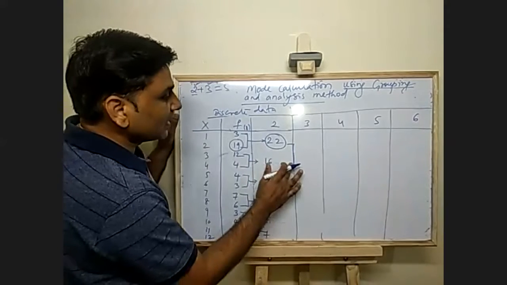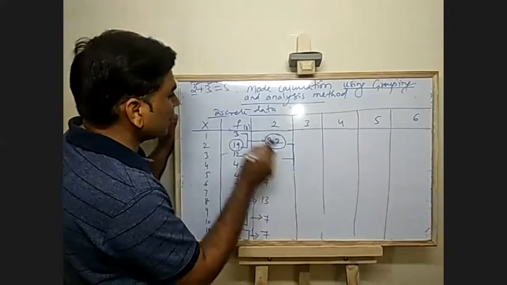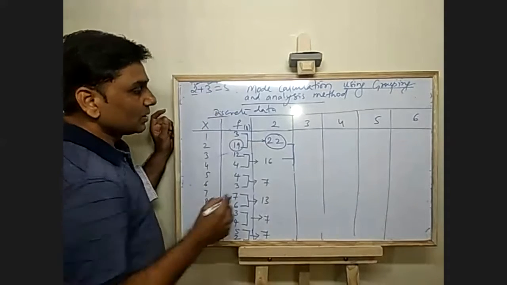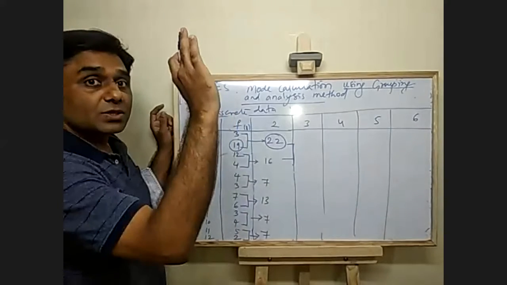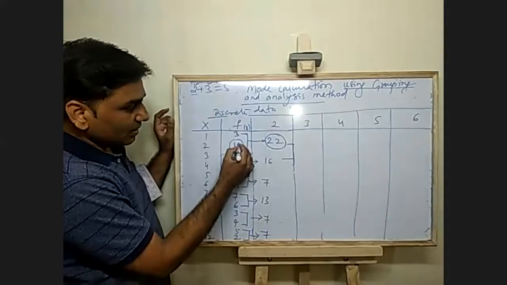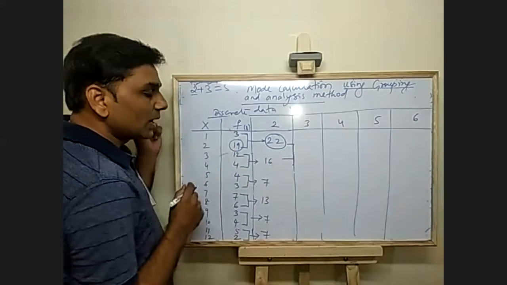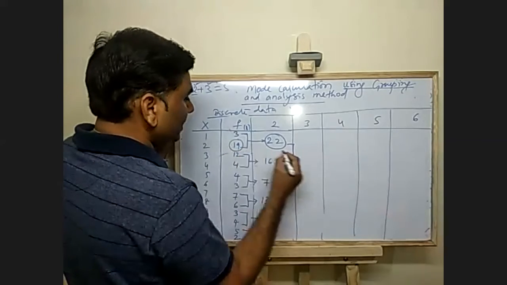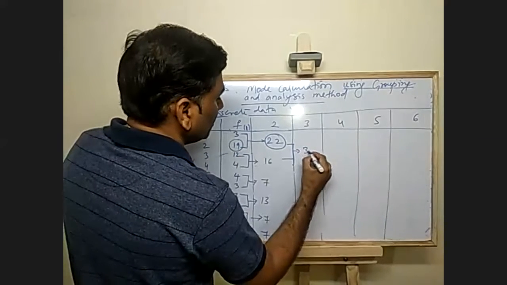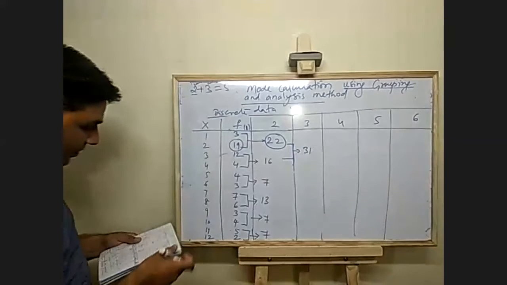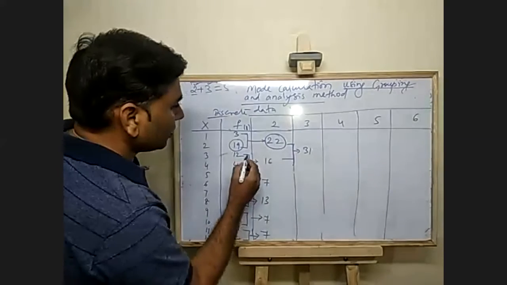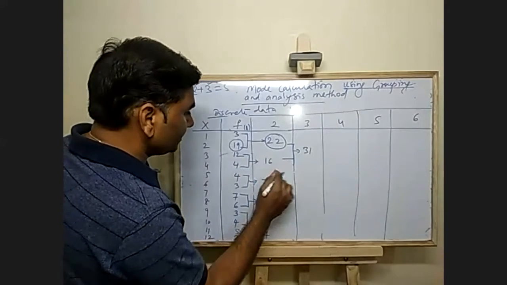You have to always find the pair. So you have to leave the first one, and next number you take it, add it to the below number. 19 plus 12, 31. Okay, 31. Now 19 plus 12 is done.